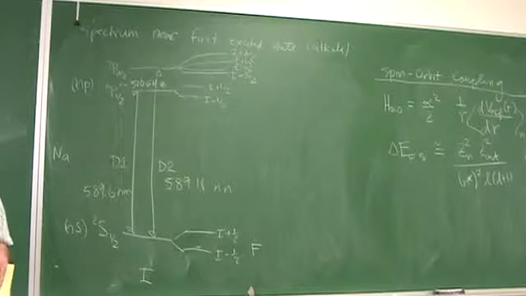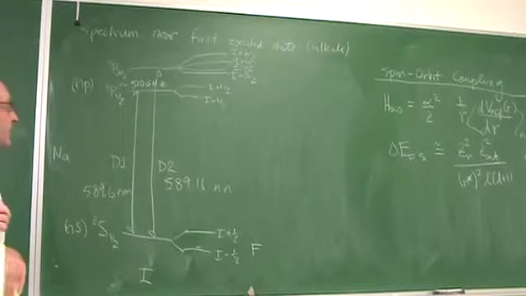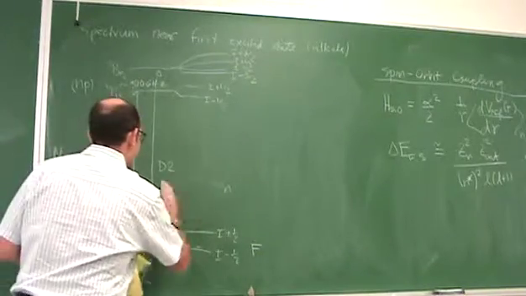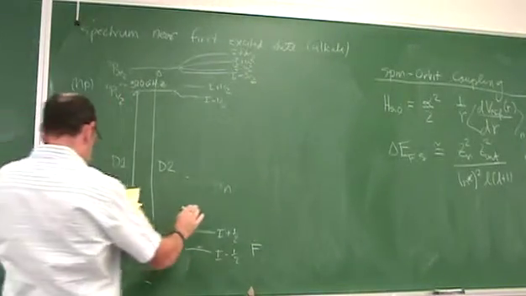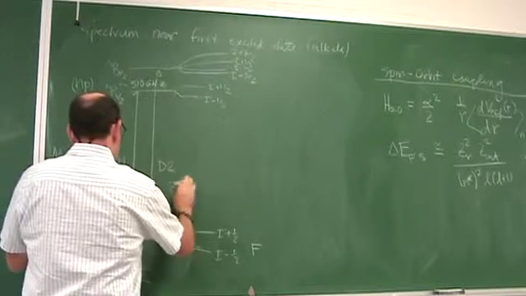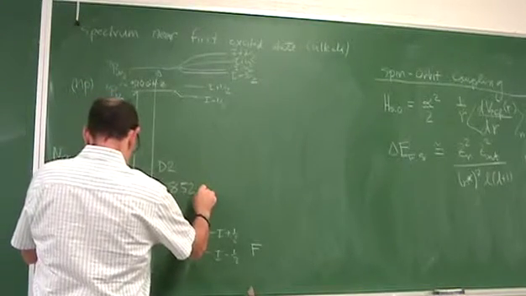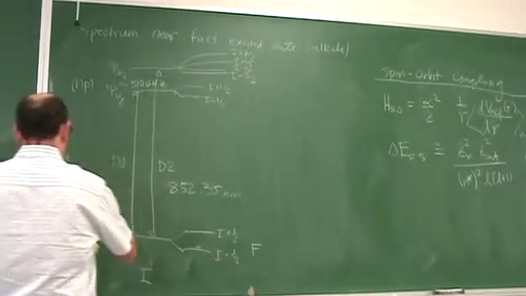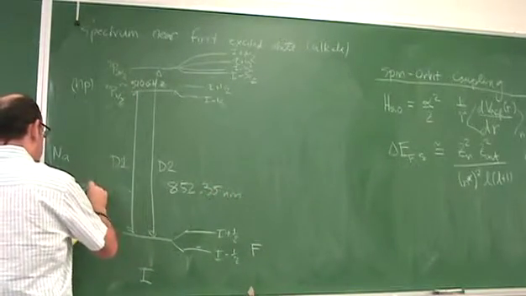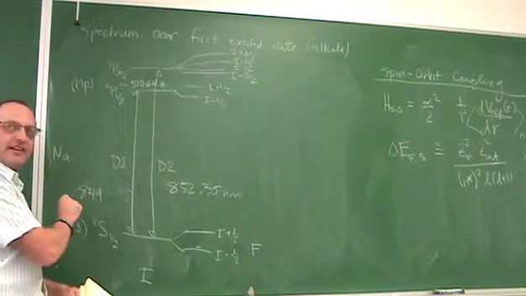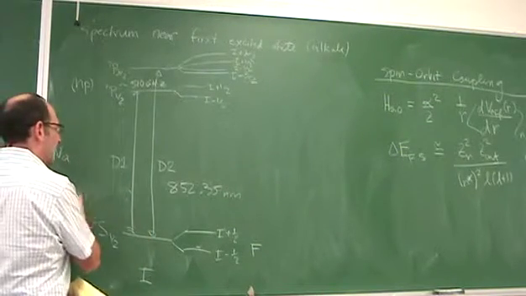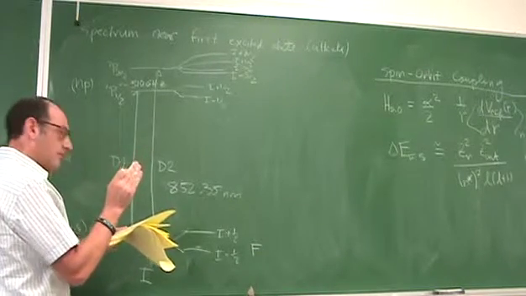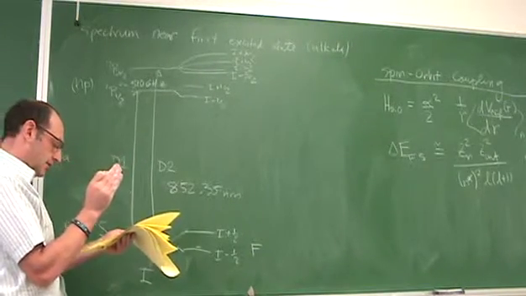For cesium, in contrast, this is 852.35 nanometers. And the other line, does anyone remember what it is? I should know this. 894.5 or something? The D1 line, no, it's 892, isn't it?